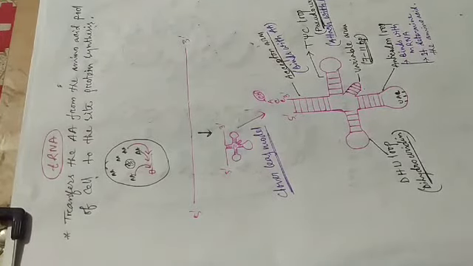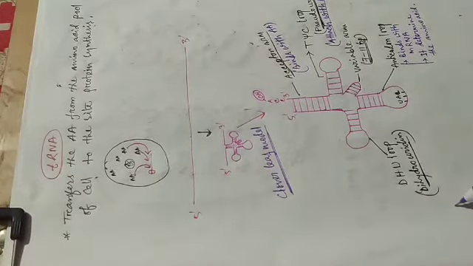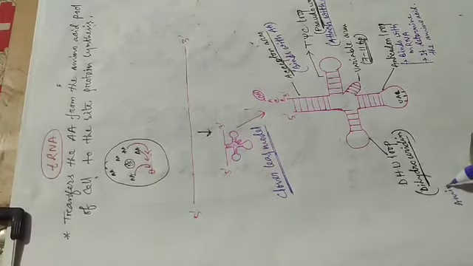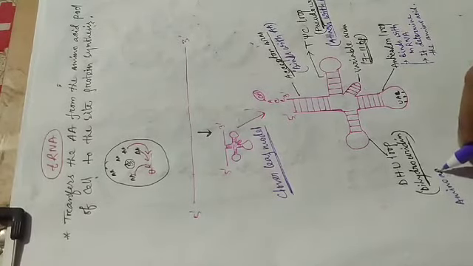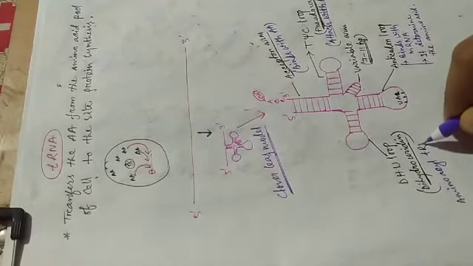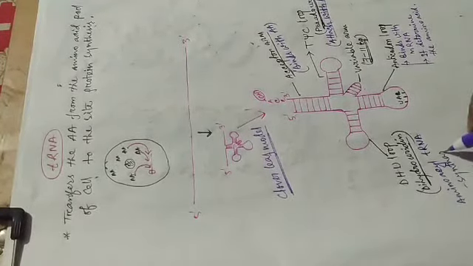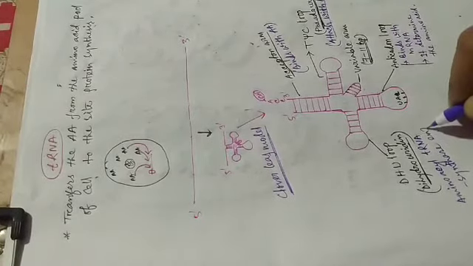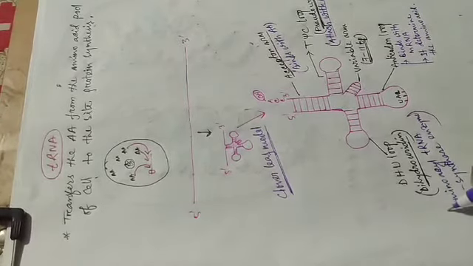Then the DHU loop. The DHU loop also has an important role because it synthesizes the aminoacyl tRNA synthase enzyme.